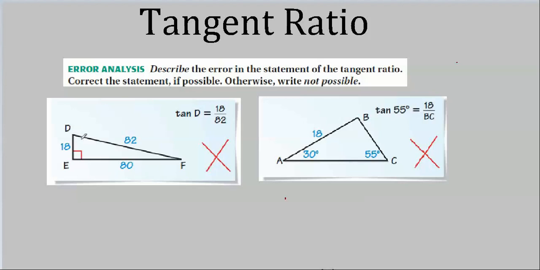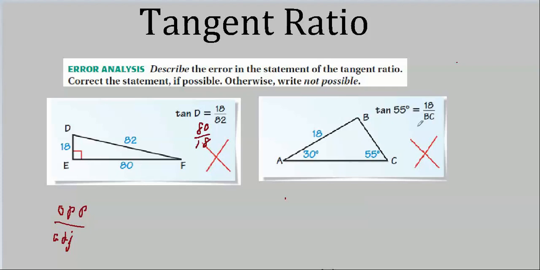Remember, the tangent is opposite over adjacent. So 80 over 18 would be the tangent here. There's the correction. I'm not sure what they mean by not possible, but we'll see.